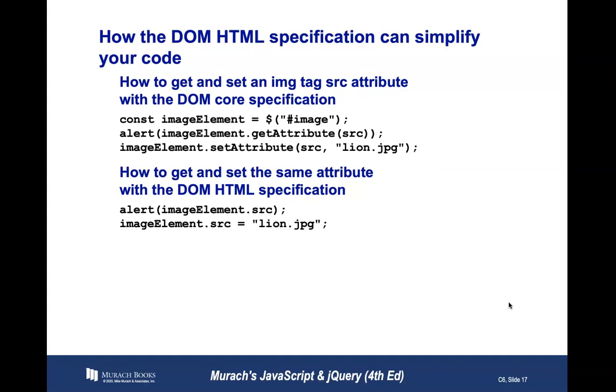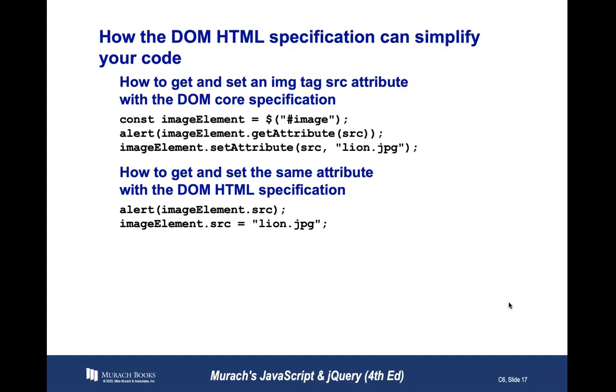So let's say the image source equals tiger.jpg. If we do image element dot get attribute source, we would get tiger.jpg. We've got tigers and lions on the brain because they're all throughout this presentation. But we can grab the tiger.jpg and then set the attribute to lion.jpg, which is kind of what we need to do.